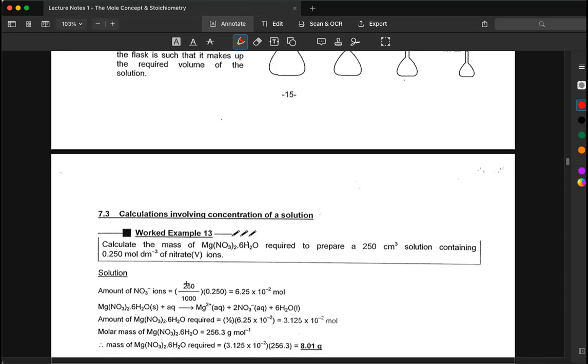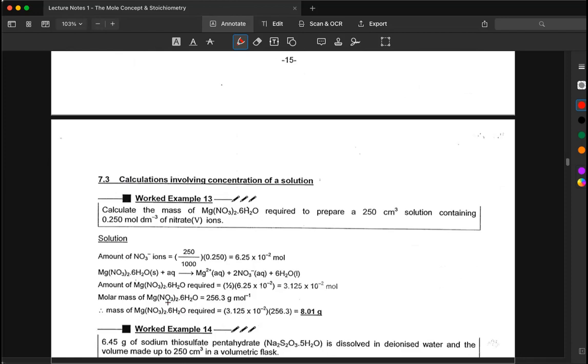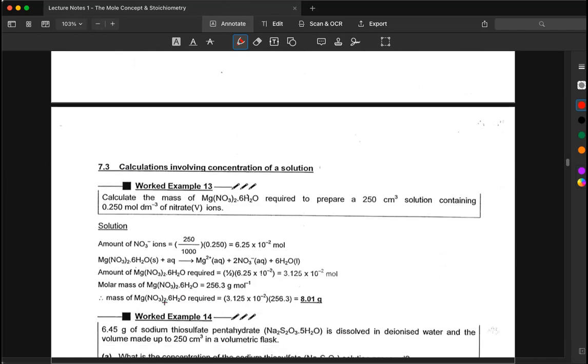Then how do you work out the number of moles of the hydrated magnesium nitrate? You can see that the mole ratio based on this equation is 1:2. So the number of moles of the hydrated magnesium nitrate will be half of the moles of nitrate ion. After which you multiply by the molar mass to obtain the mass of hydrated magnesium nitrate required.